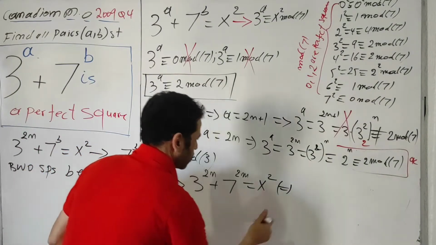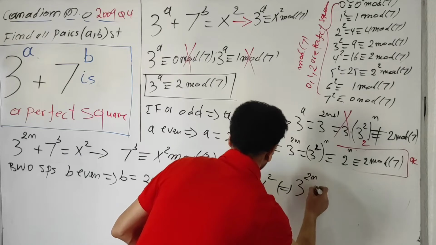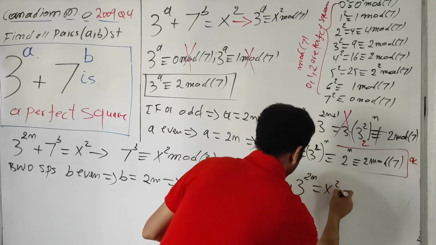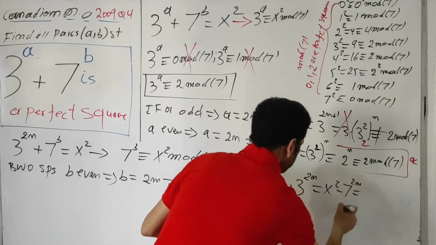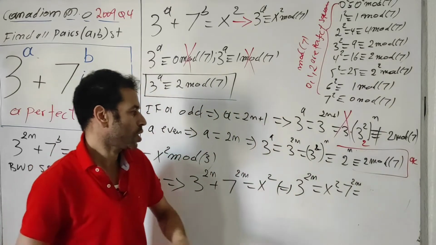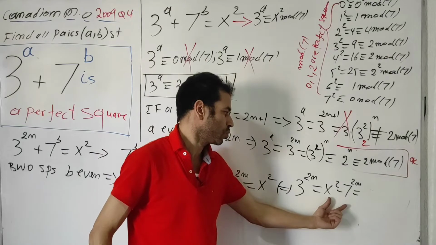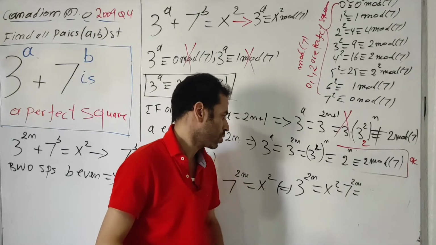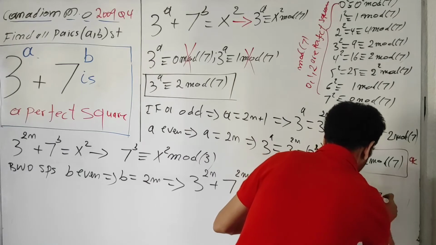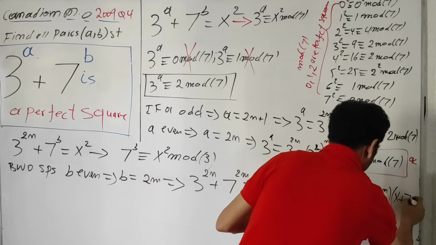So I will have 3 to the 2n equals x squared minus 7 to the 2m. Since I have the difference of two squares, I'm going to factor it, making the product: x minus 7 to the m times x plus 7 to the m.